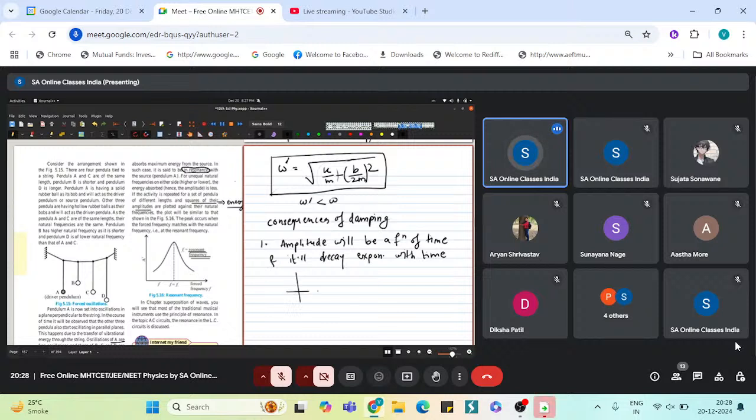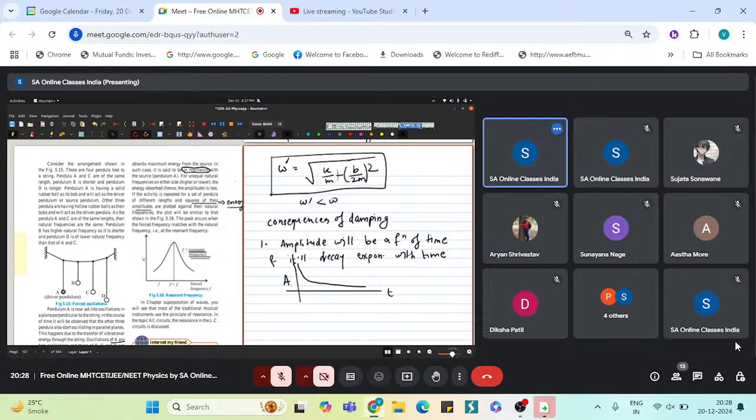So this is the plot of amplitude versus t. I'm just drawing the plot again and again because it is not given in the book. So this is the exponential curve. It will never meet the axis, it will just go to infinity like this.